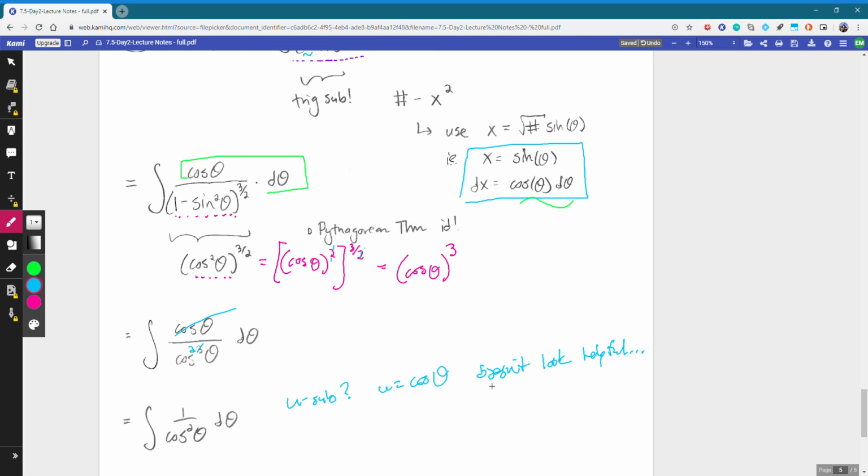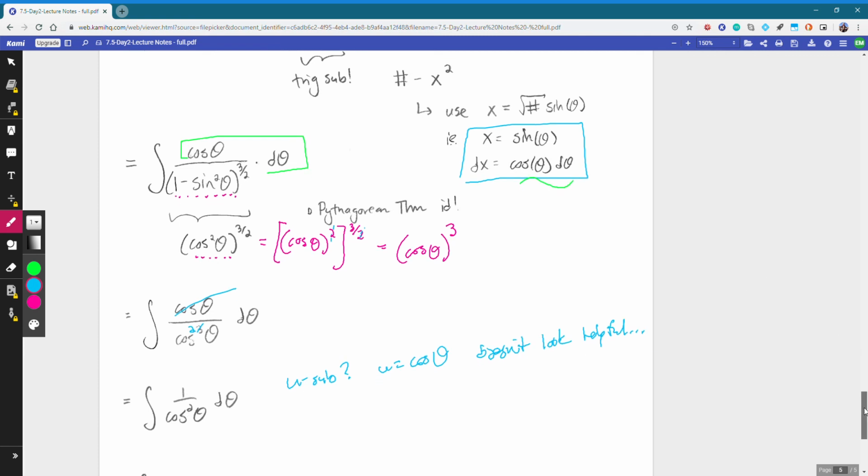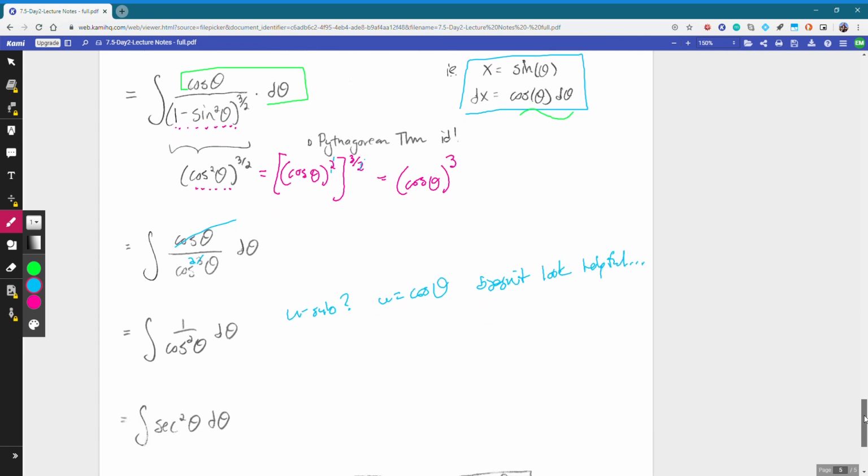Well, we've seen before a strategy that if we have tangents and secants, to write things in terms of sines and cosines. This one is a little bit sneaky. We actually want to go the other way. 1 over cosine squared is secant squared.